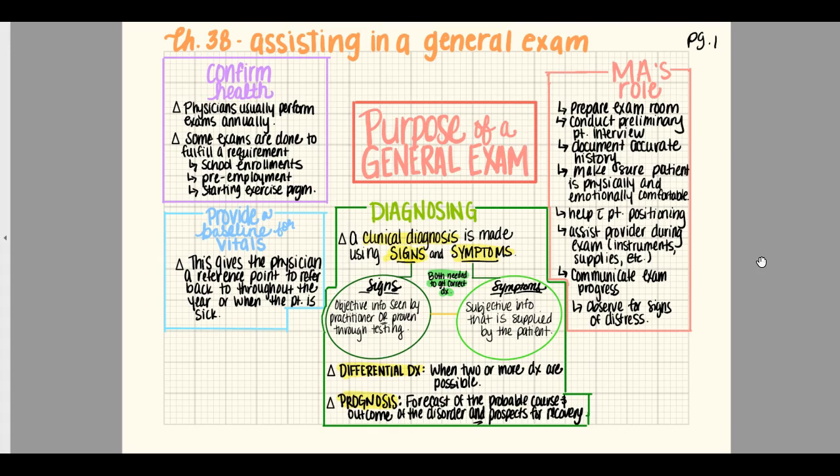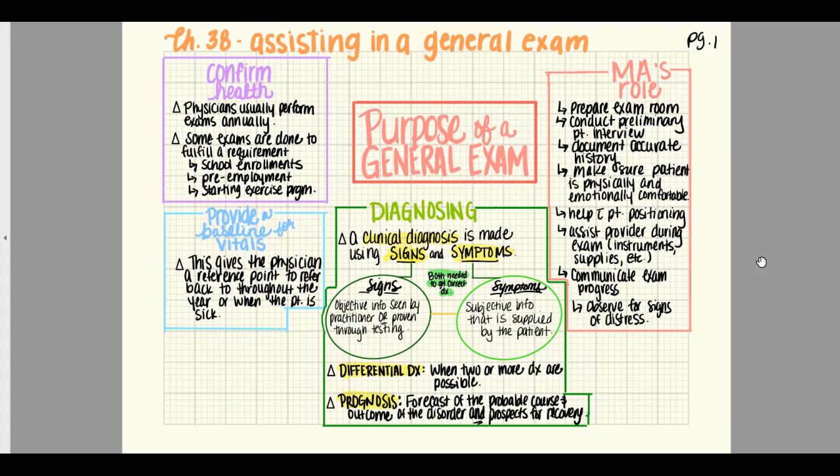We also have patients in to be diagnosed. The clinical diagnosis is made up of two things, signs and symptoms. Signs are the objective things that are seen by the practitioner or that are proven through testing.